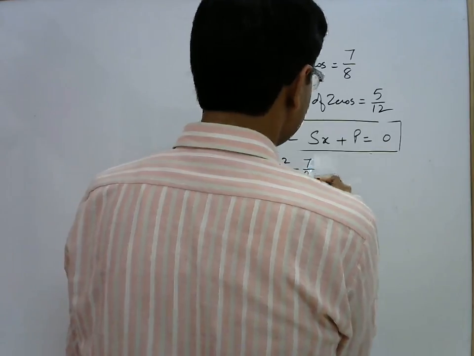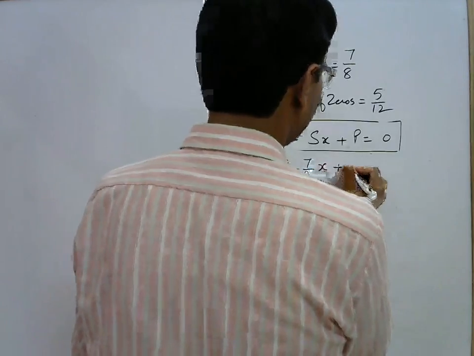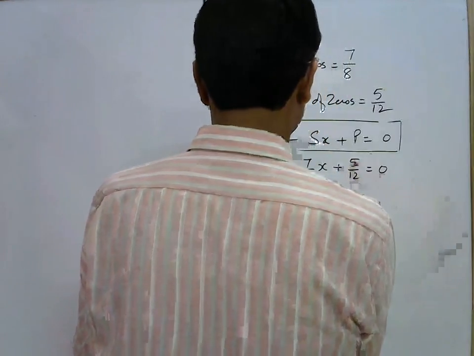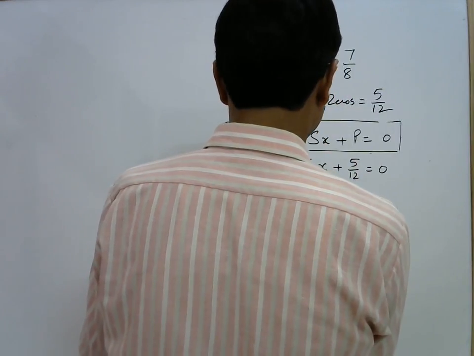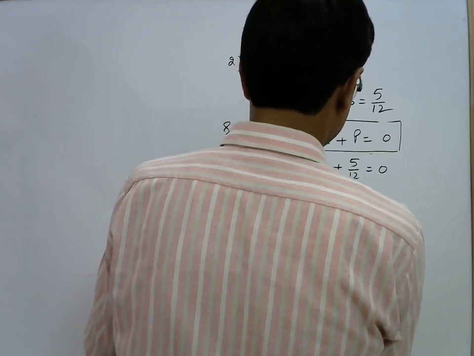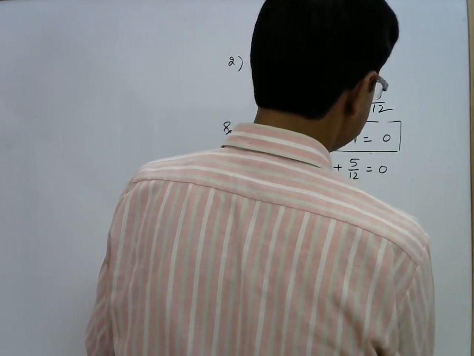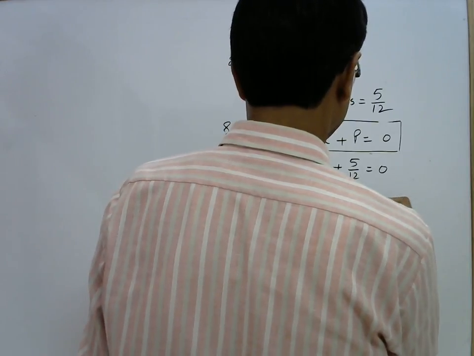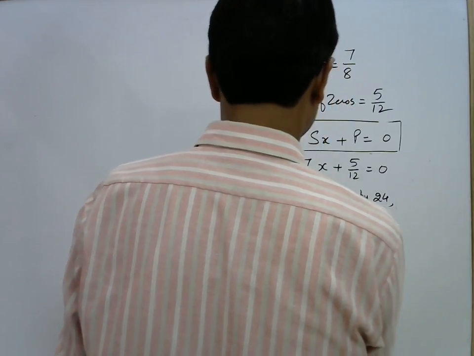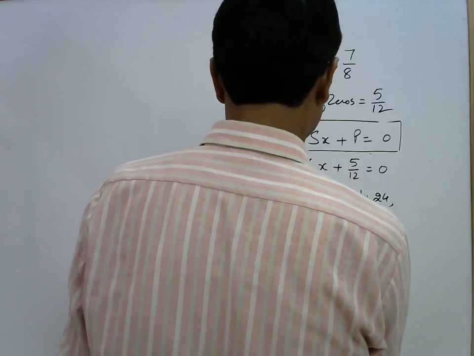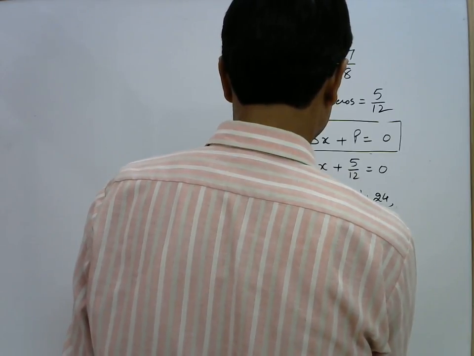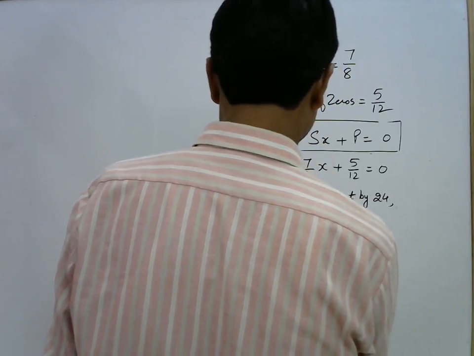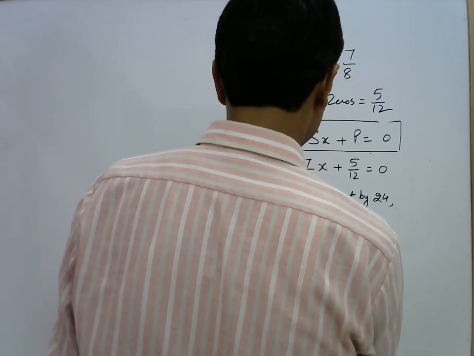See the steps on the board only when you fail to complete it yourself. Remember to take LCM of the denominators and multiply by that number throughout. It's a very simple question.